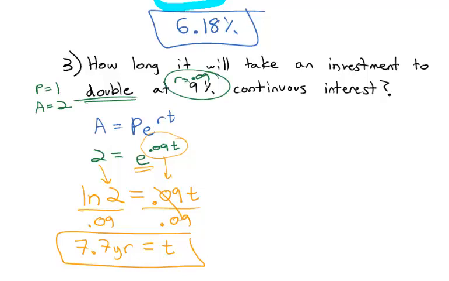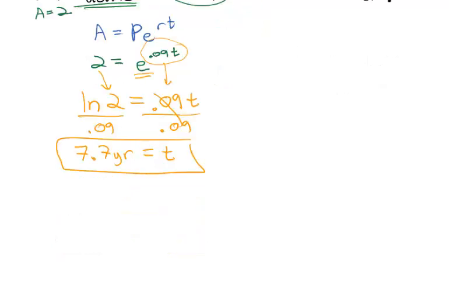Now, if we don't care about being as exact as this, we just want to know approximately how long it's going to take an investment to double, there's a nice little trick some financial people found called the law of 70. Also called the law of 72, because some people use 72, some people use 70. Depending on your context, one's better than the other. We're just going to do the law of 70. Same idea.